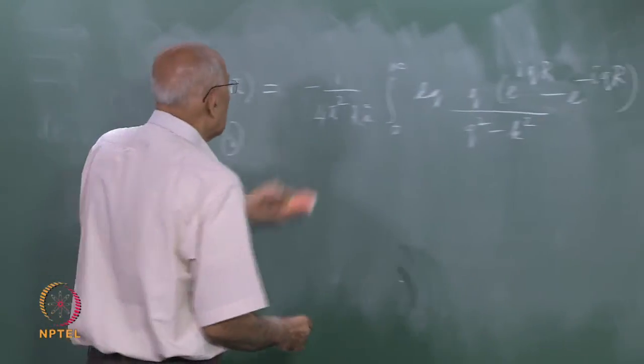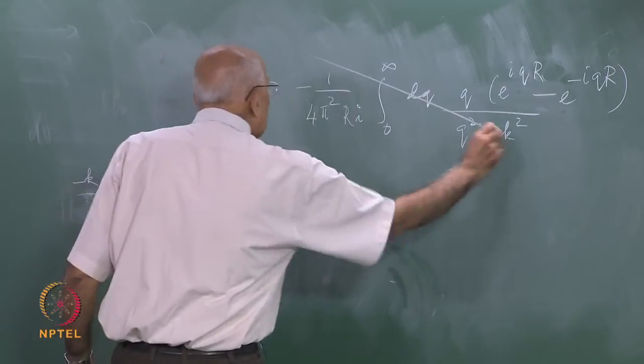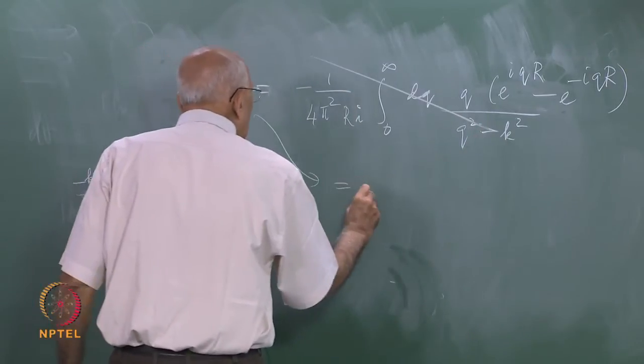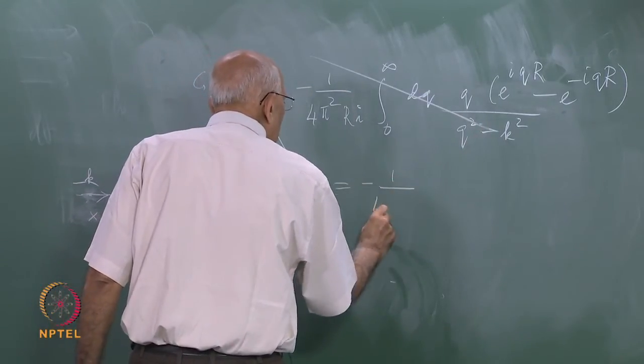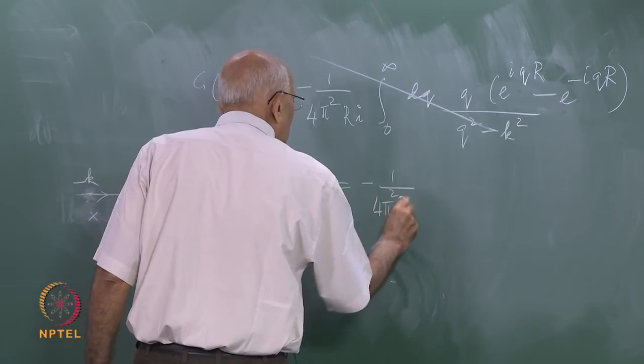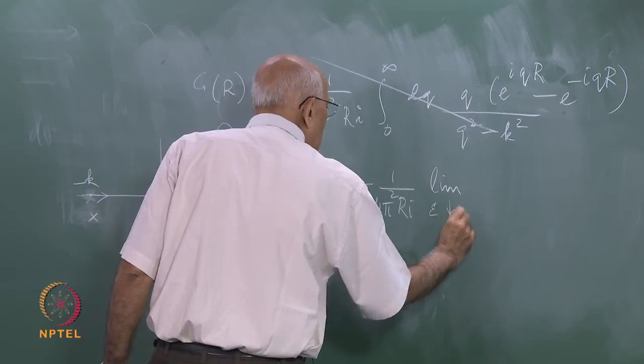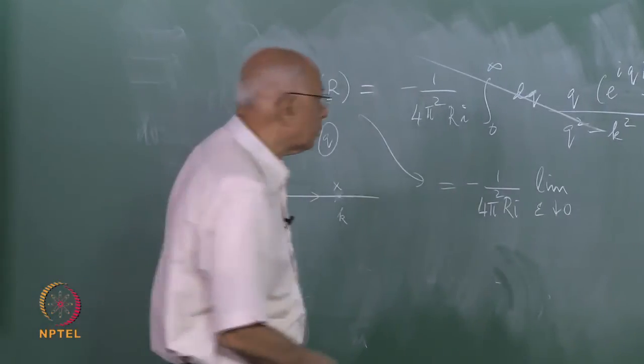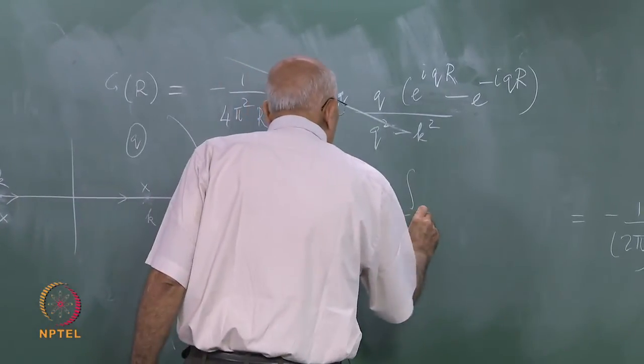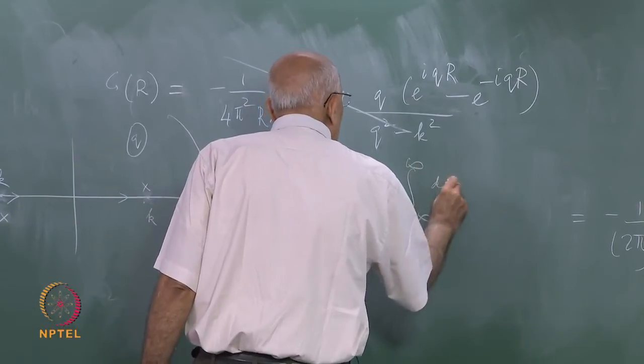In other words, I should write this not this, but rather as equal to minus 1 over 4 pi squared Ri, limit as epsilon goes to 0 from the positive side, integral minus infinity to infinity dq.